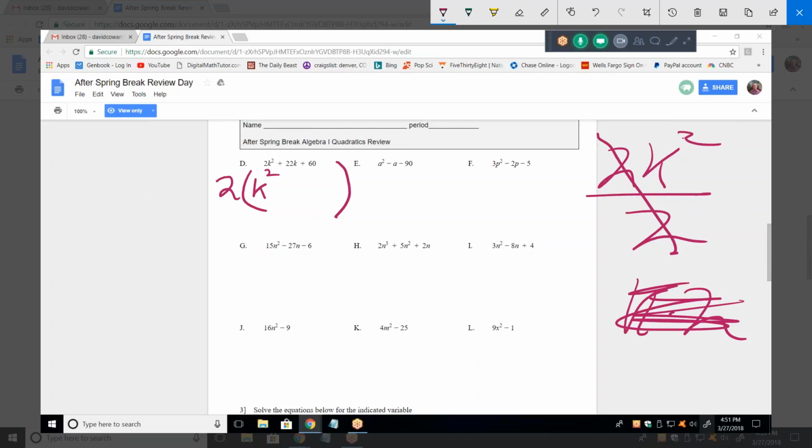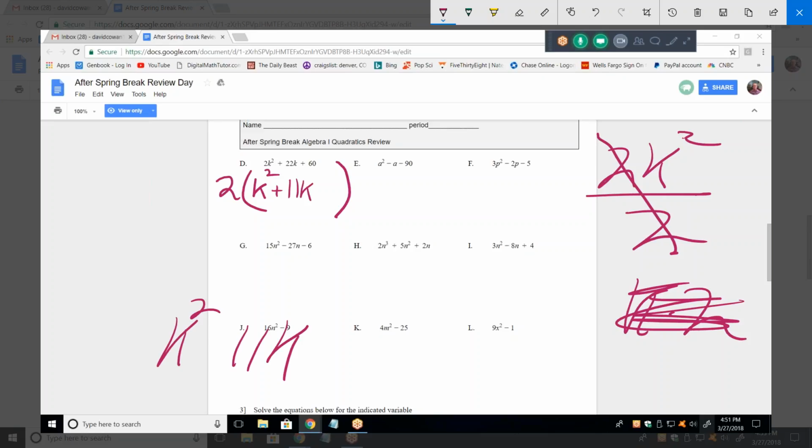Okay, now divide the middle term by 2. What do you get? The middle term would be plus 11k, and I do need the plus sign there. If I just write 11k, that doesn't even have any meaning because there's no sign in between the two terms.